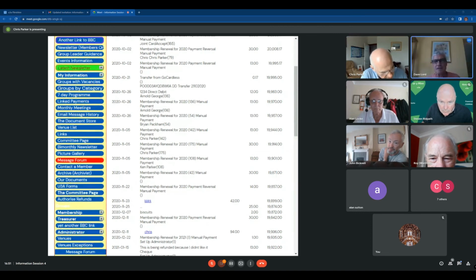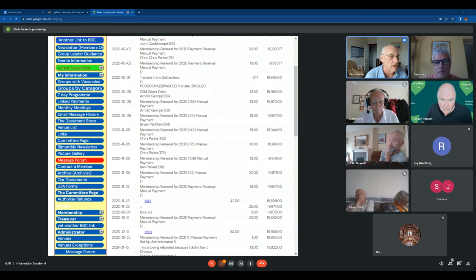Is there a table called locked dates or something like that as well? That's to do with the account system. Yes, once you've decided, I've finished my accounts for this year, you can lock the system, so it allows no more transactions to go in dated in the previous year.